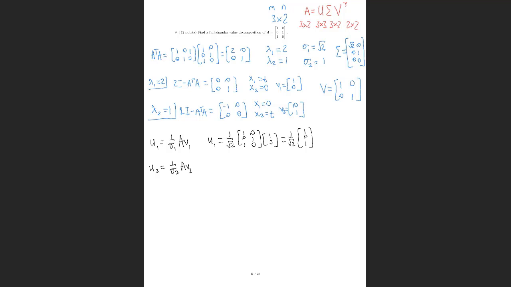And then similar for U2, so that'll be 1 over 1 times A times V2. So that's just going to be (0, 1, 0).